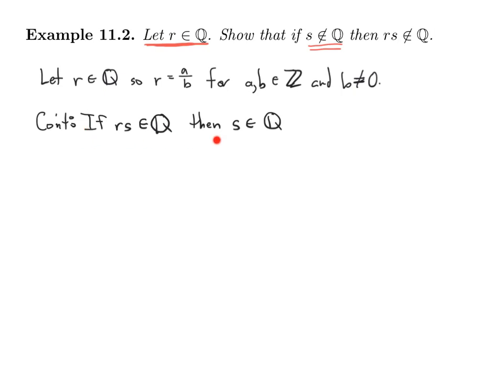Equivalently, we wouldn't have to write down the contrapositive statement. We could just assume that the then part is false, assume that r times s is a rational, that's the exact same thing, and show that the if part must be false, so s is a rational. Exact same idea. So let's do our proof.